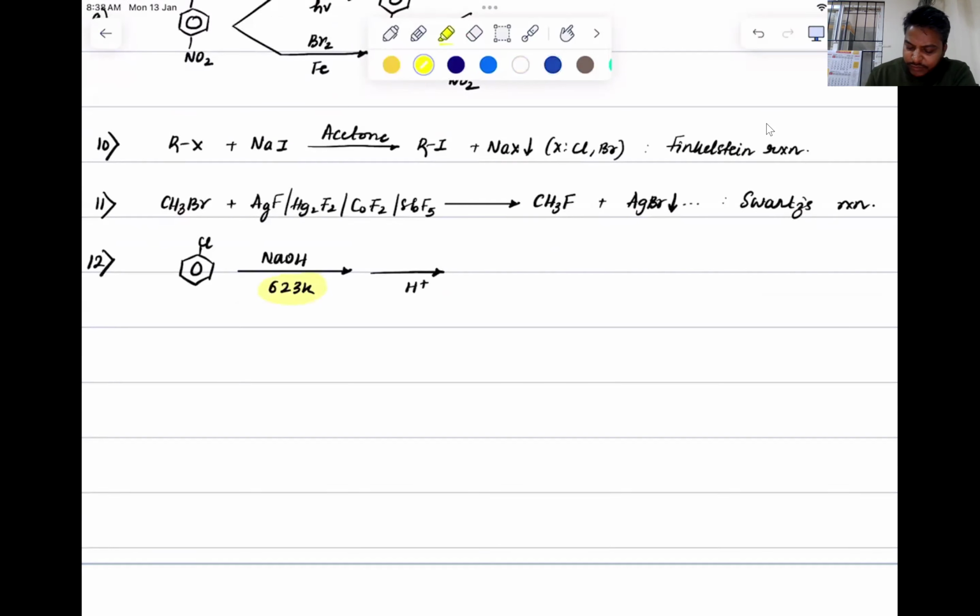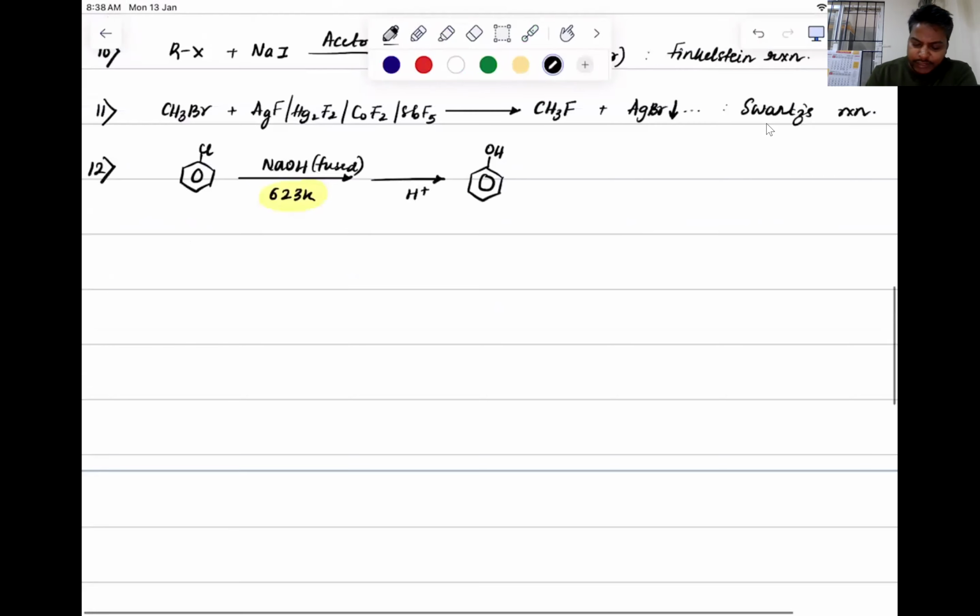What is the temperature at which this reaction is occurring? So first, O- Na+ is formed because this is a fused form. Nothing is mentioned, you'll always check it as a fused form. In the fused form, it will become O- Na+, and further hydrolysis will convert into phenol. Got it, everybody?